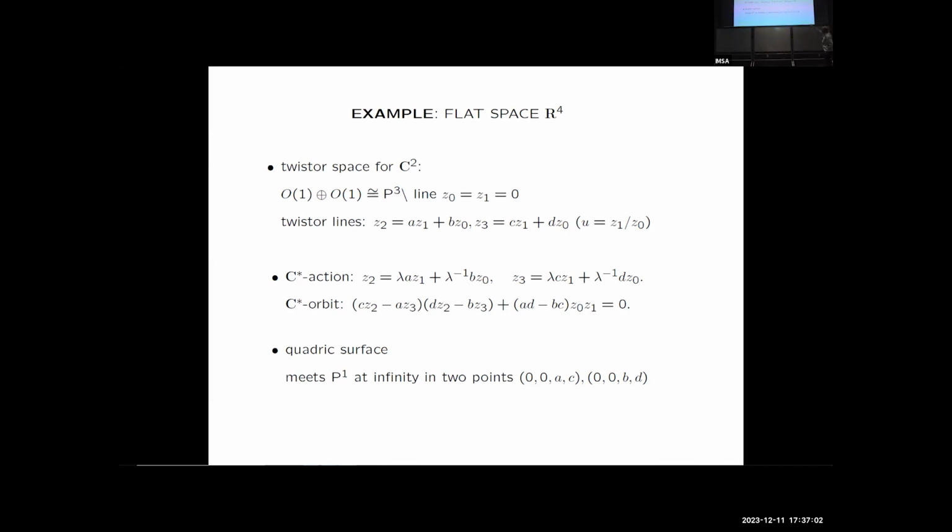The general quadric surface meets the line at infinity, of course, in 2 points, and there's a degree of freedom there in those 2 points. So the twistor lines in flat space generate a surface which is a quadric surface, and the property that it has is that it meets this line at infinity in 2 points.